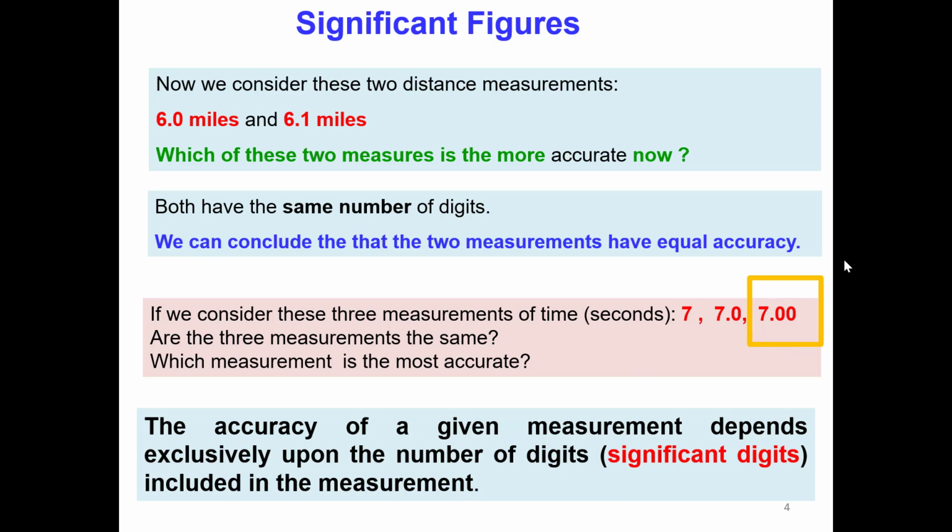This is why in science, writing the results with the correct number of significant digits is important, because this determines the accuracy of the measurements. The accuracy of a given measurement depends upon the number of digits that we include in the measurement.